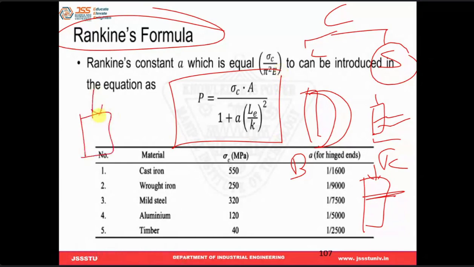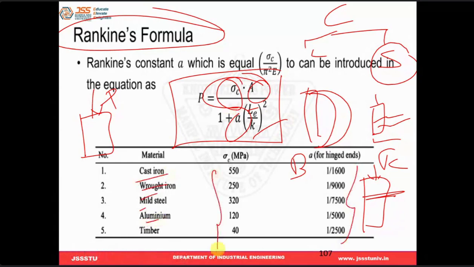Here sigma C is the crushing stress, A is the area, L is the length, K is the radius of gyration, and the small a is called the Rankine constant. This Rankine constant depends upon the material. You can see the values in this chart for cast iron, wrought iron, mild steel, aluminum, timber. A is called the Rankine constant.